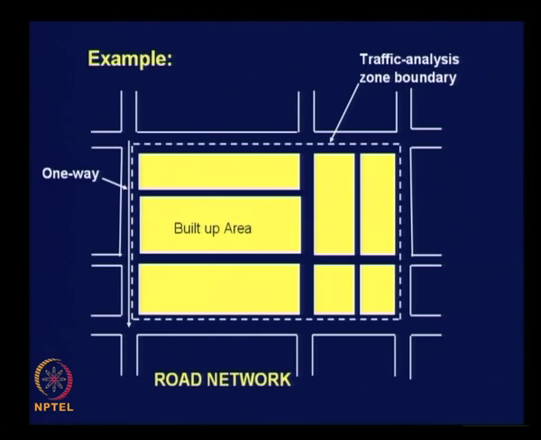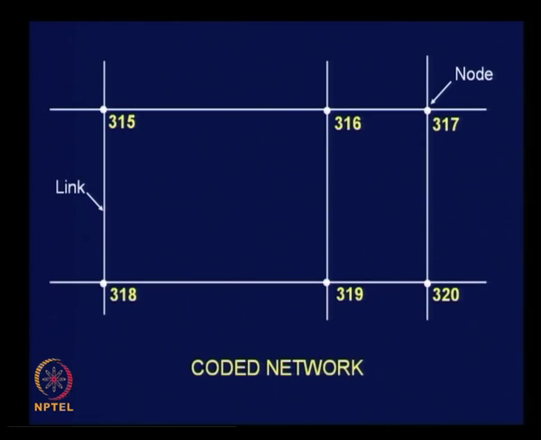Later on we will see how to account for the vehicles making use of these roads as the traffic generated from this particular traffic zone. Clear? So this is how we convert the road network into nodes and links.